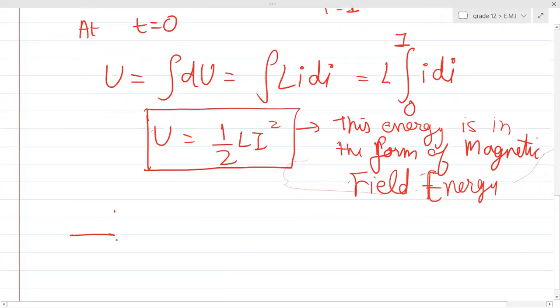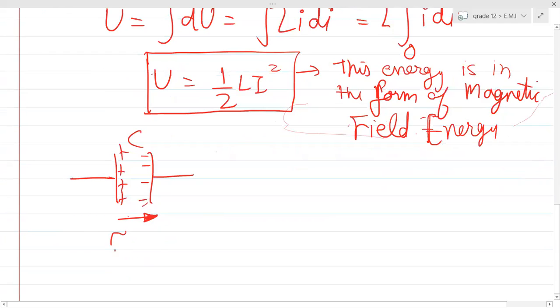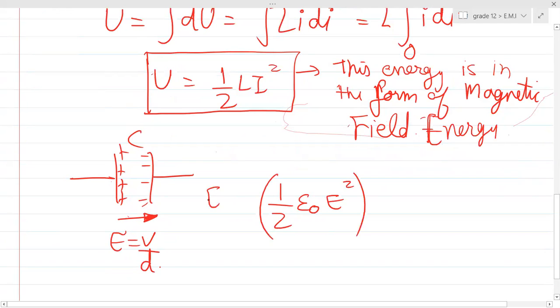See, if I have a capacitor C, and let's say the potential difference across it is V, can I write the electric field which gets set up inside as V divided by D? Yes or no? The potential difference across the capacitor divided by D. And half epsilon naught E square is the electric field energy density. This density multiplied by the volume.